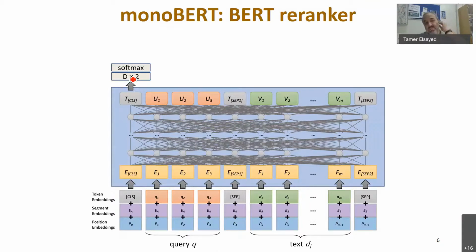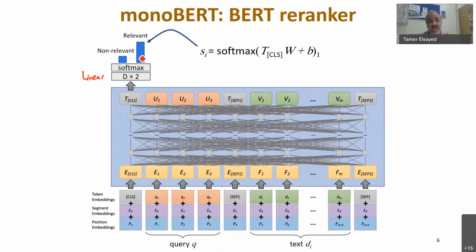Just as BERT did in the original paper, mono-BERT uses a linear layer with softmax to compute the probabilities. We compute the score based on that probability. So s_i will be the probability of the relevant class, and that is the probability based on which we will rank the documents.